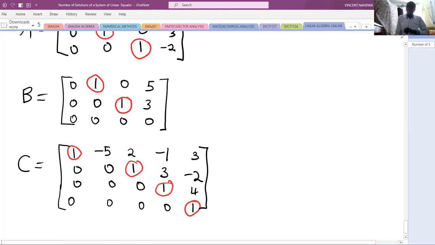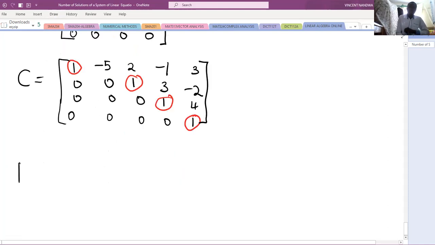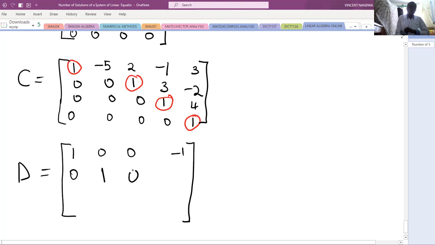And then D. If I have this matrix D given by 1, 0, 0, -1, 0, 1, 0, 2, 0, 0, 1, 3, 0, 0, 0, 0.